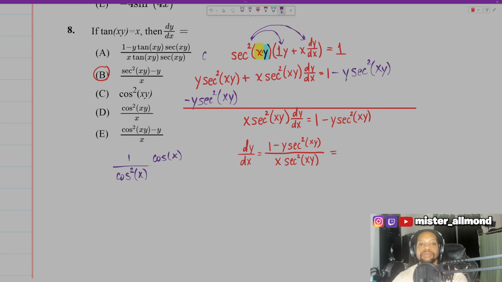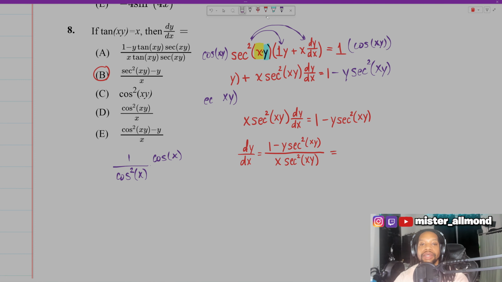Okay. Cosine of xy, and then that'll be a cosine of xy on the right. Yeah, this one is kind of tricky, I'm not gonna lie. Okay, here's what I'm gonna do. I'm gonna erase all the work but keep the answer and just see what I get when I do this. That is a good suggestion.